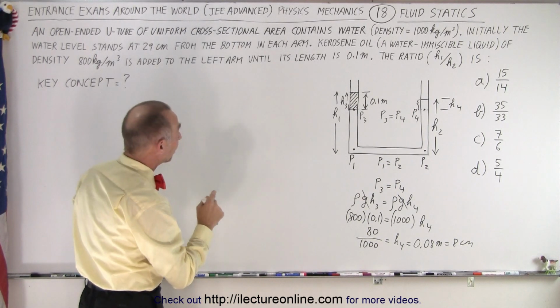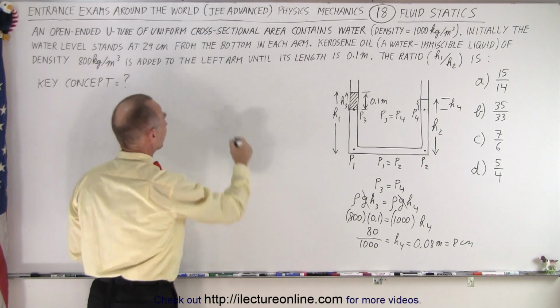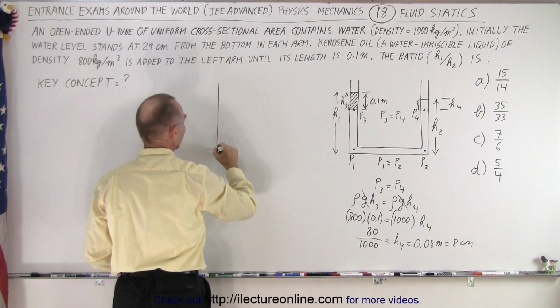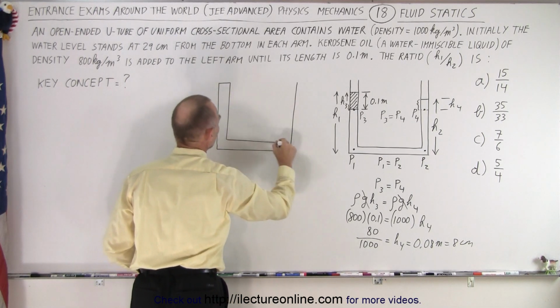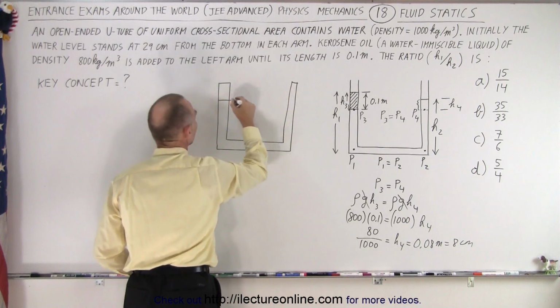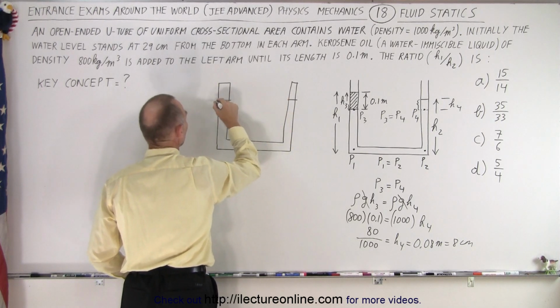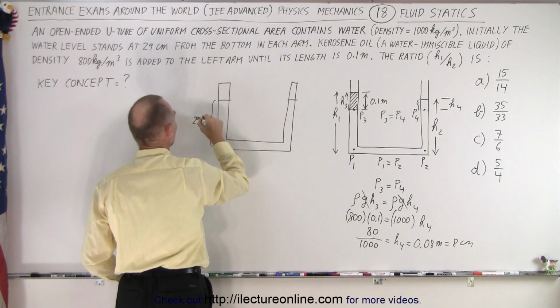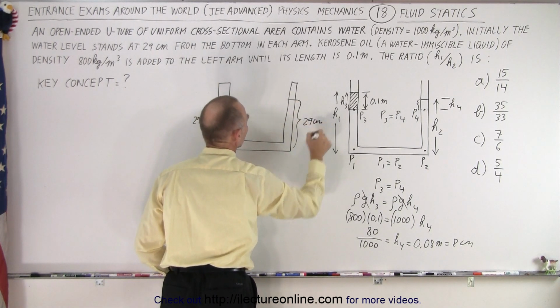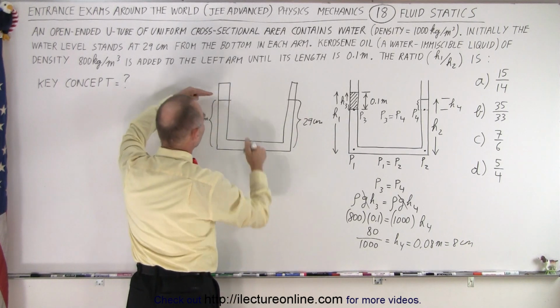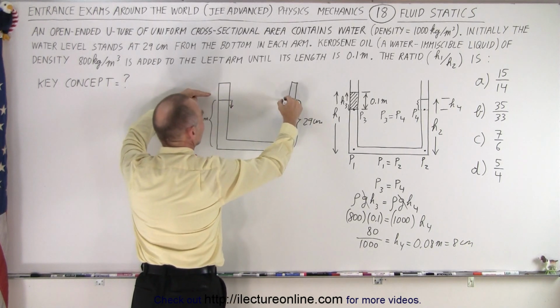The next thing we have to realize is where things started. So if we quickly draw another U-tube like this, before the kerosene was put in, they told us the levels of the water were the same on both sides, at 29 centimeters. So what's happened now is that this went down and this level went up.